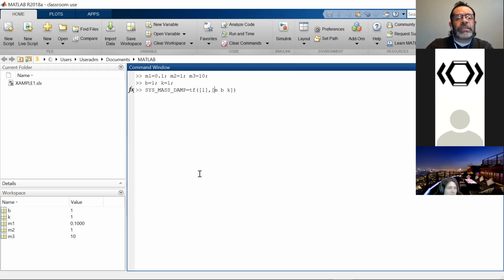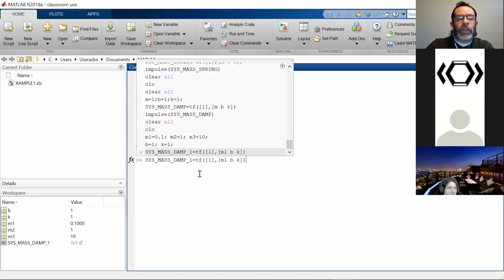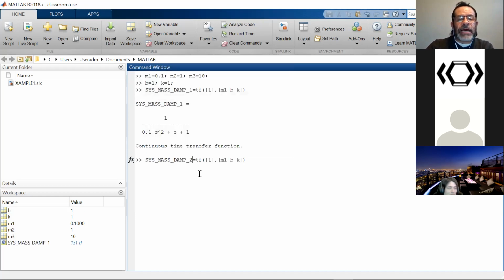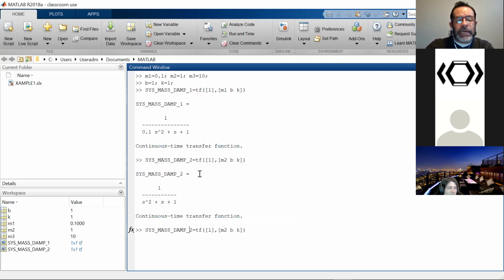Sys mass damp 1, which is going to be 1, M1, B, and K. I'm going to define sys mass damp 2, which is going to be M2, B, and K. And I'm going to define sys mass damp 3, which is going to be M3, B, and K.